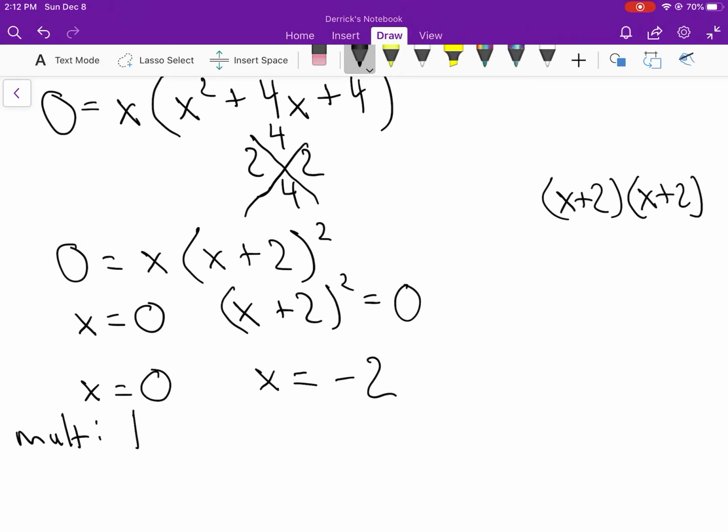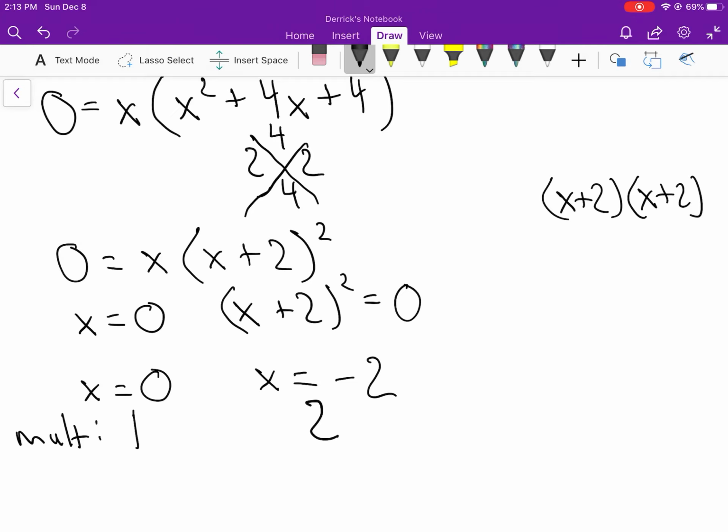Well, if you set those equal to 0, you would get x equals negative 2 twice. We don't need to show that because we're only going to put it on the graph once. You can't really put a dot on top of another dot and have it be useful. But that does mean its multiplicity is 2, because multiplicity is legitimately just how many times we got that answer. It's a number that tells us how many times that 0 was found.